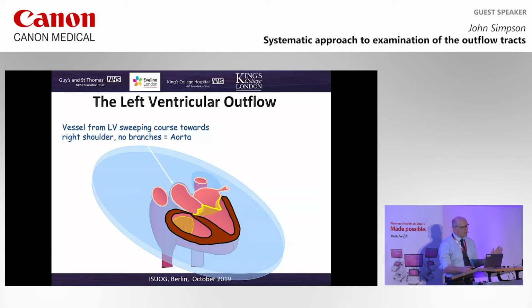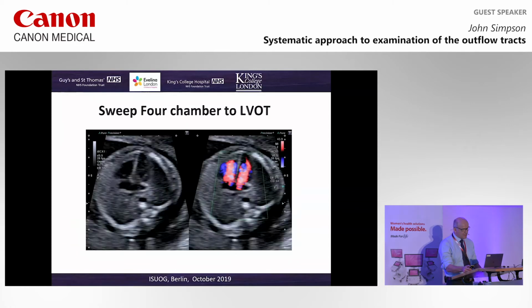It heads towards the right shoulder and gives rise to the head and neck vessels, and there is no early branching. You should always be checking for this line of continuity between the septum and the anterior wall of the aorta. You will also note there's continuity between the anterior mitral valve leaflet and the posterior wall of the aorta. So the aorta is completely committed to the left ventricle.